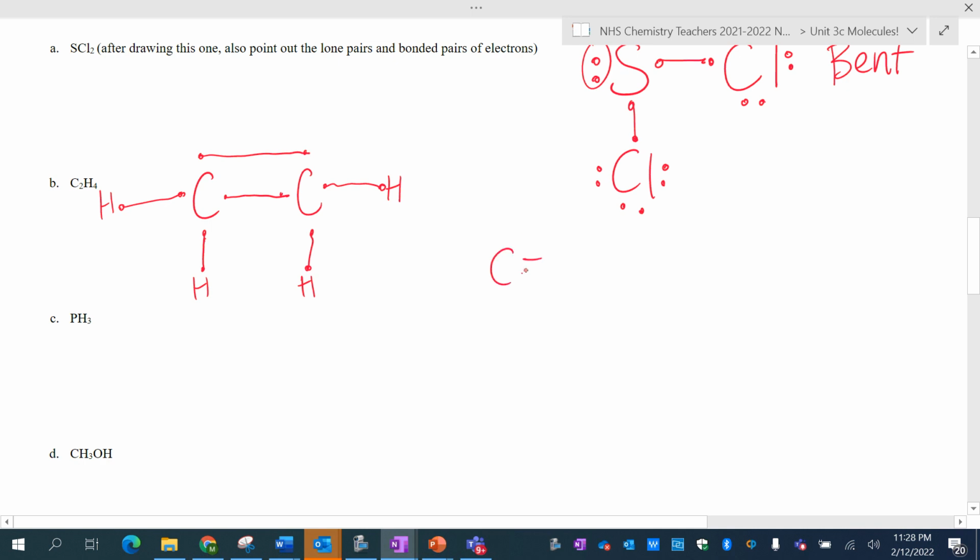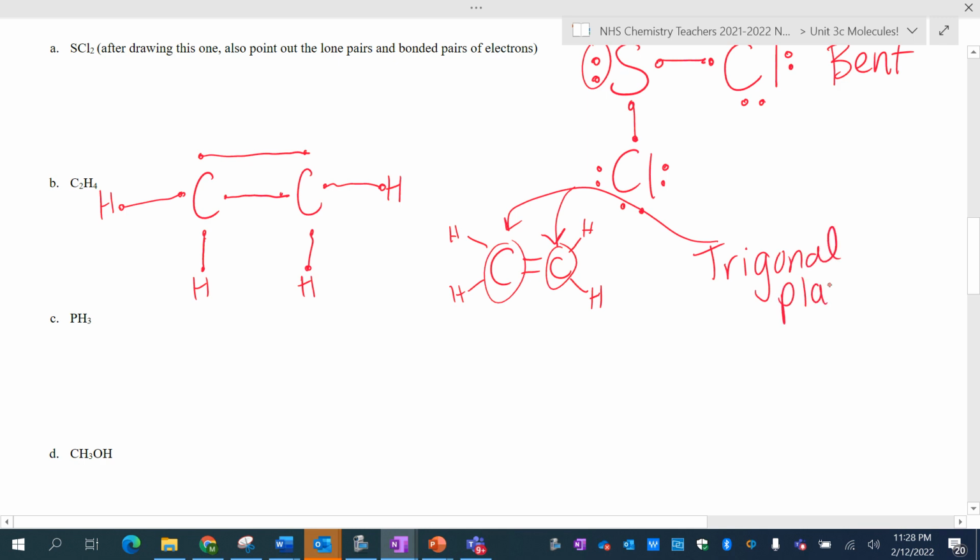So if I redraw this nice and neat, carbon has a double bond between the 2 carbons there. What shape? There's actually 2 central atoms. Each of these has 3 things around them and no lone pairs. So that would be trigonal planar times 2.